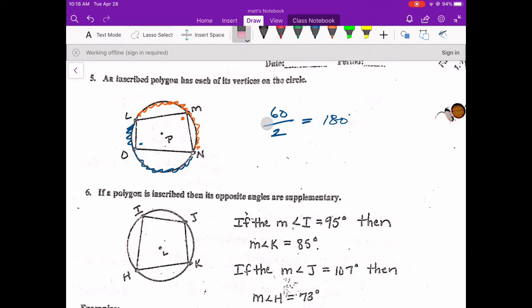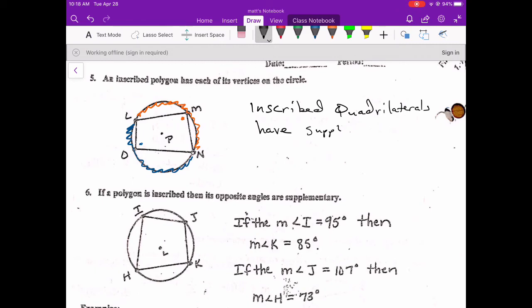So let's go ahead and write that down on your notes. If you want to take a second to do this, I'll write this down for you so you know what to write. Inscribed quadrilaterals have supplementary opposite angles.